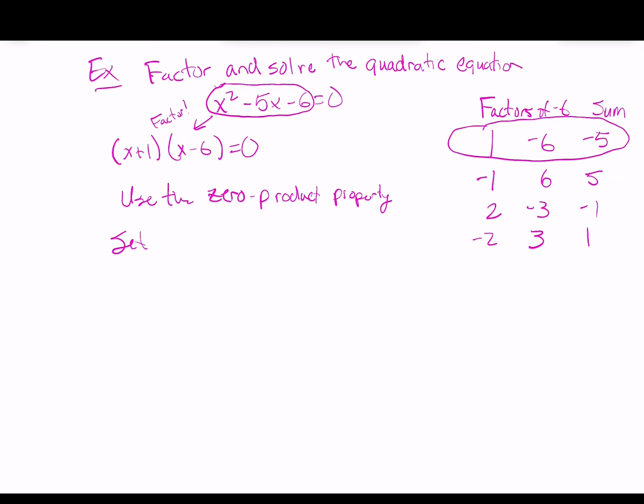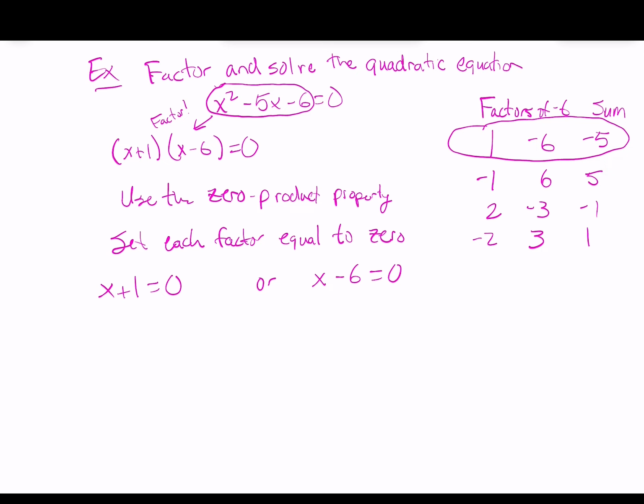So set each factor equal to 0. So x plus 1 is equal to 0, or x minus 6 is equal to 0. So now we have two linear equations that we can solve for x.